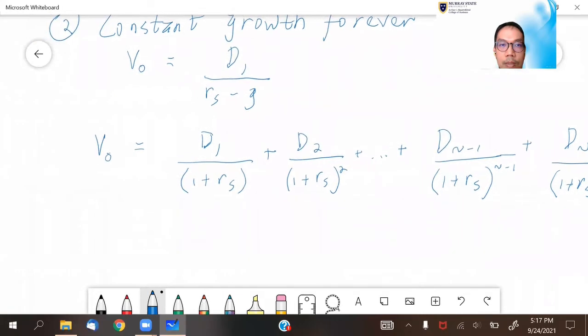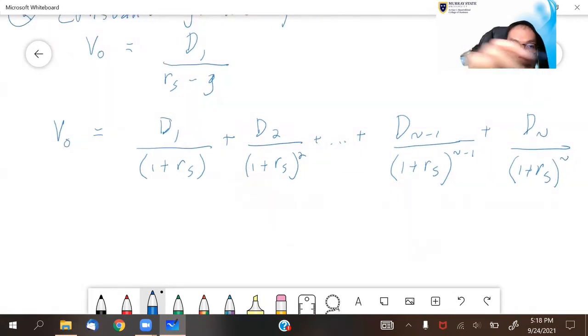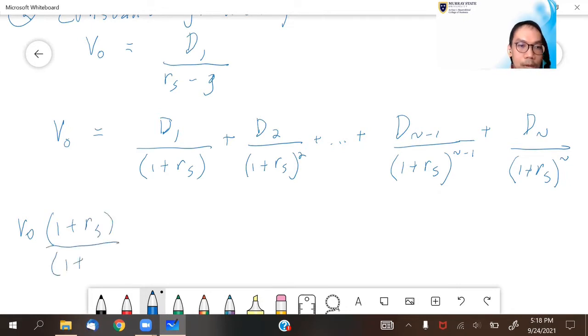So how do we now get the final version of the constant growth forever scenario? Then we do some manipulation in mathematics. Let's imagine phi null multiplied by (1 plus the required return by stockholders) divided by (1 plus growth).